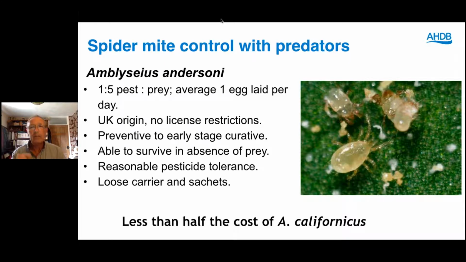In this case, it's a flour mite that feeds on bran and other flour type materials to produce these mites. Also, there is no license requirement for this predator in the UK. Very useful predator, and the bottom line is it's half the cost or less of Californicus.